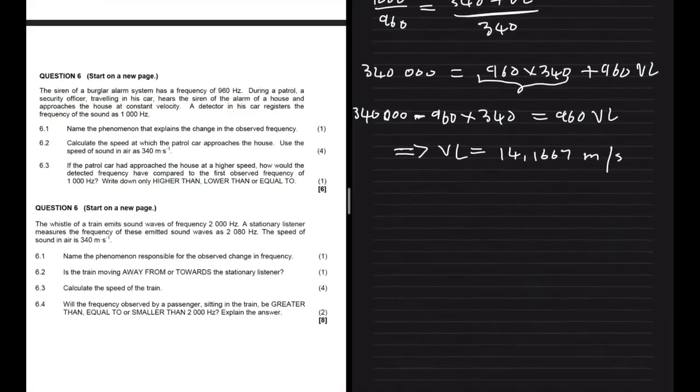Let's move ahead. 6.3. If the patrol car had approached the house at a higher speed, how would the detected frequency have compared to the first observed frequency of 1000 Hz? Every question we have, we stick to the formula.